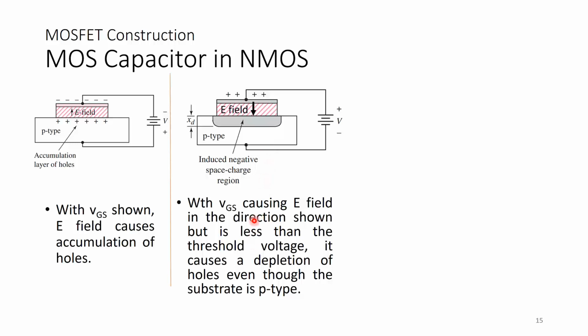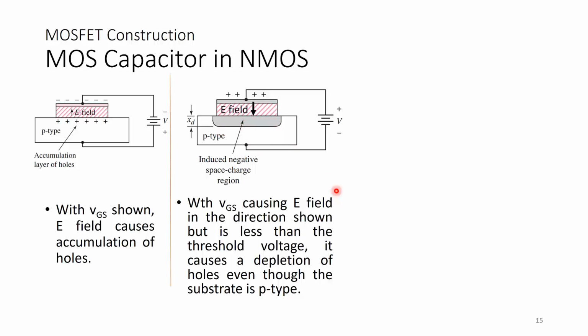So with VGS causing an E field in this direction, but less than the threshold voltage, as we will see later, it causes a depletion of holes even though the substrate is p-type. So in the depletion case here, you have induced a negative space charge region. There are no more holes here. The holes have all been driven away.